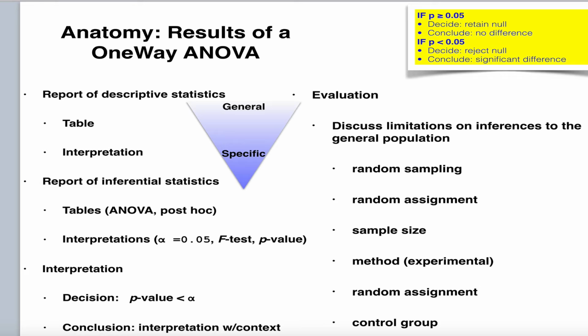So when you go to interpret, you're going to compare the observed p-value that you'll find in your ANOVA table, and you're going to make a decision on that based on the relative position of the p-value versus alpha. So if the p-value is less than alpha, then you can conclude, or actually you would first reject the null hypothesis, and then you would conclude that there is a significant difference.